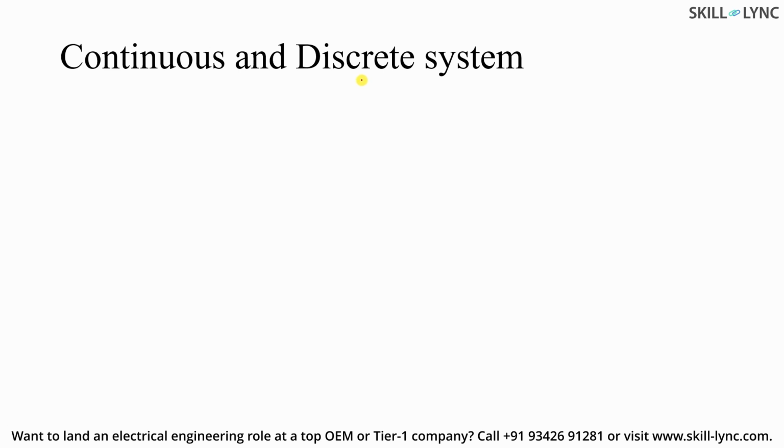So what is the difference between a continuous and a discrete system? A continuous system is where time is considered continuous, and in discrete, we consider that time is not continuous and there is some time gap, or time difference, between two time steps. Obviously, it's not possible to run any model on a purely continuous basis, but we can analyze it with a sufficiently high value of sampling time, denoted as, let's say, Ts.